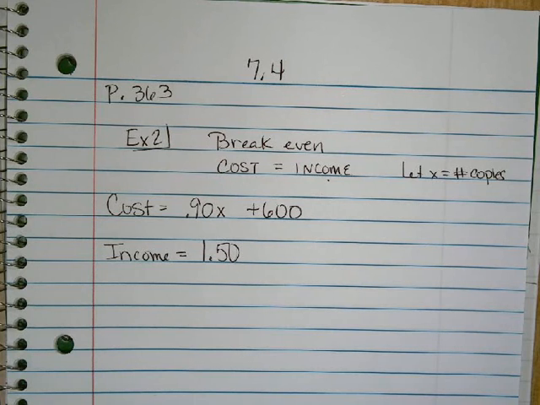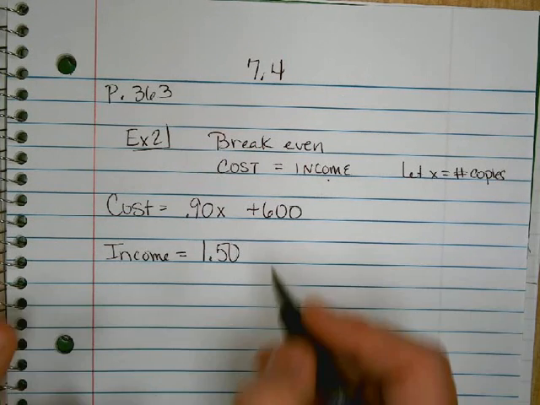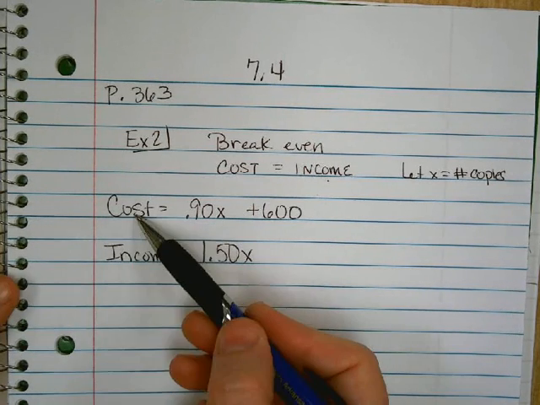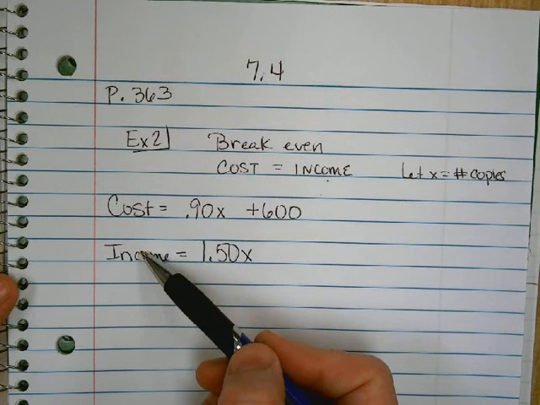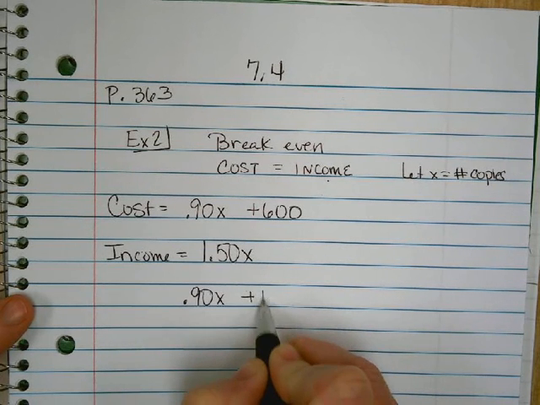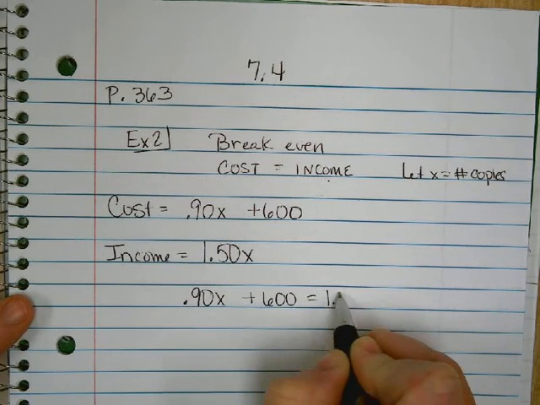Do we have a variable already named that represents number of copies? What is that? X. Now, we want to know the break-even point. So we want to know when cost and income are the same. So my equation turns out to be 0.90x plus 600 equals $1.50x.